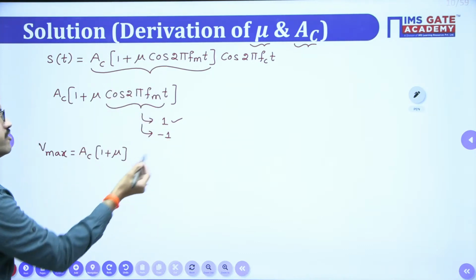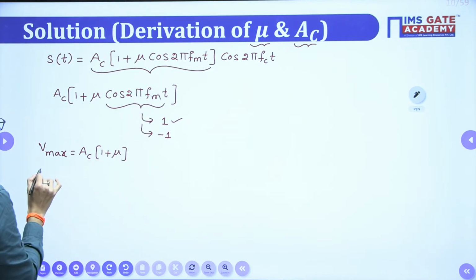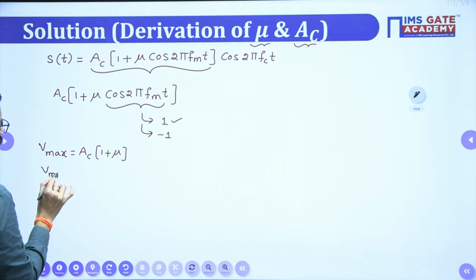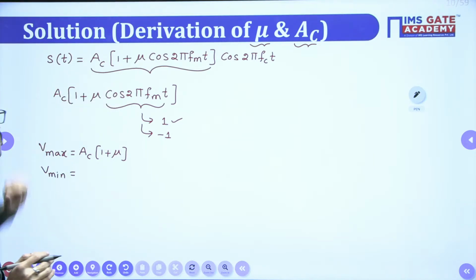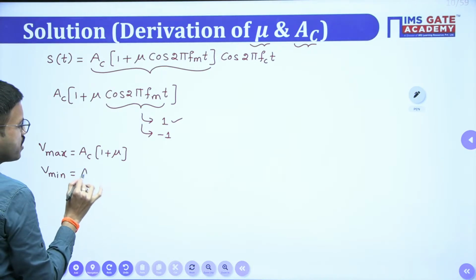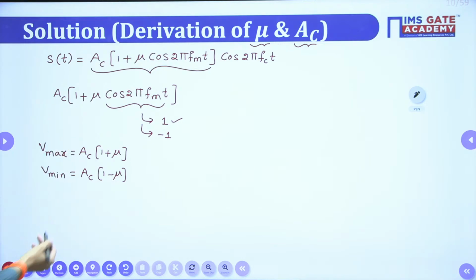Similarly, when you consider the cos signal minimum value, minus 1, then you will get the minimum value. So these two values you will get on the positive side regarding the amplitude: Ac into 1 minus mu. Similarly, if you put minus, you will get it on the downward side. For now, we are focusing on the positive side.